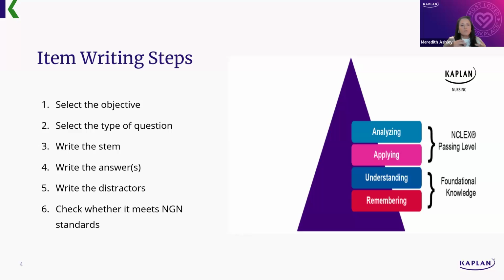So using some of those clinical judgment steps in the clinical judgment measurement model that the NCSBN released is going to be really important to making sure that our question is meeting what we want to get out of this. Because with the new NGN, the whole purpose was to measure clinical judgment in our new nurses as they're beginning in practice. Are they competent in those standards? And so we want to follow those same guidelines in our tests so the students are seeing our tests similar to the NCLEX test.